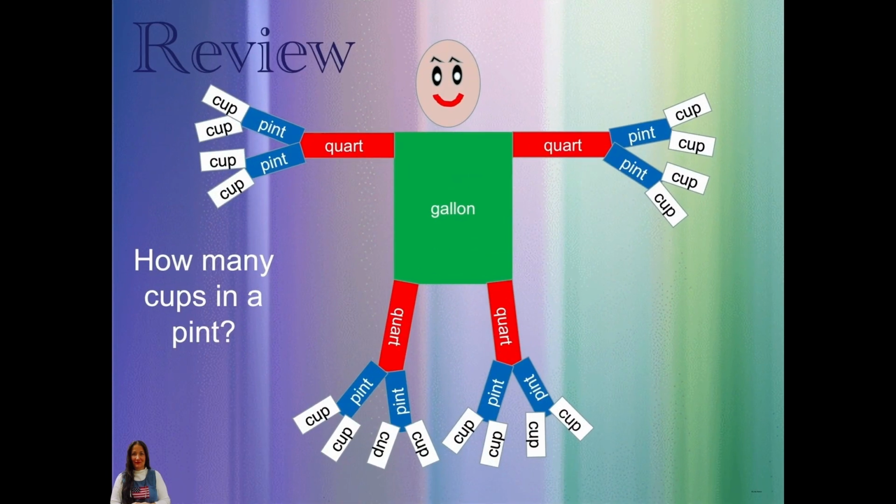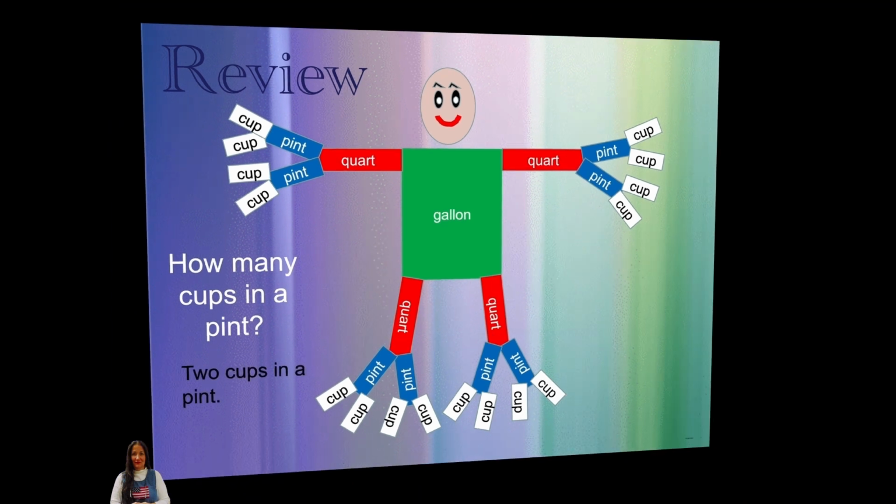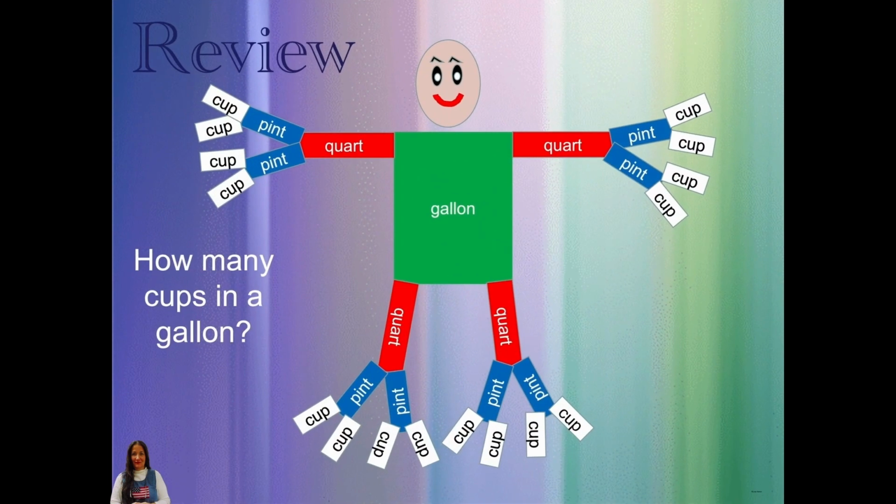How many cups in a pint? Look at his arm. Find the pint. It's blue. And how many cups do you see attached? 2 cups in a pint. How many cups in a gallon? 1, 2, 3, 4, 5, 6, 7, 8, 9, 10, 11, 12, 13, 14, 15, 16. 16 cups in a gallon.